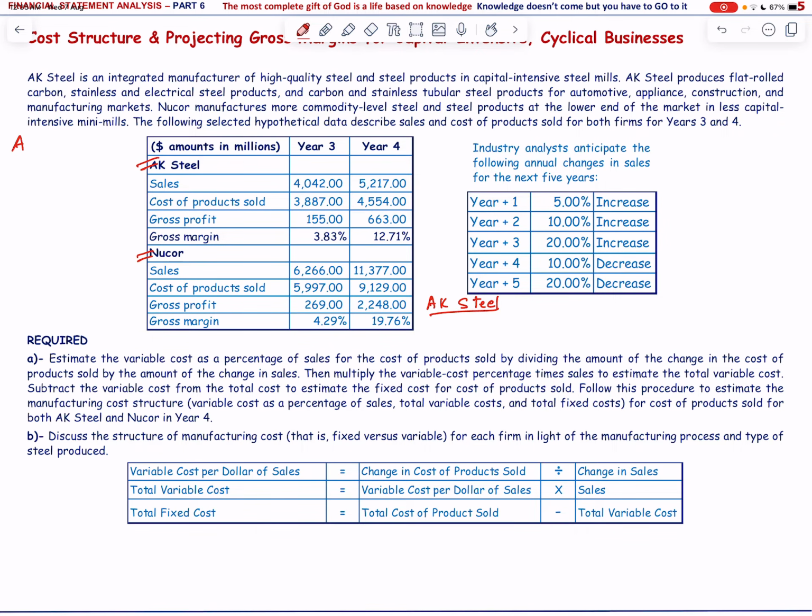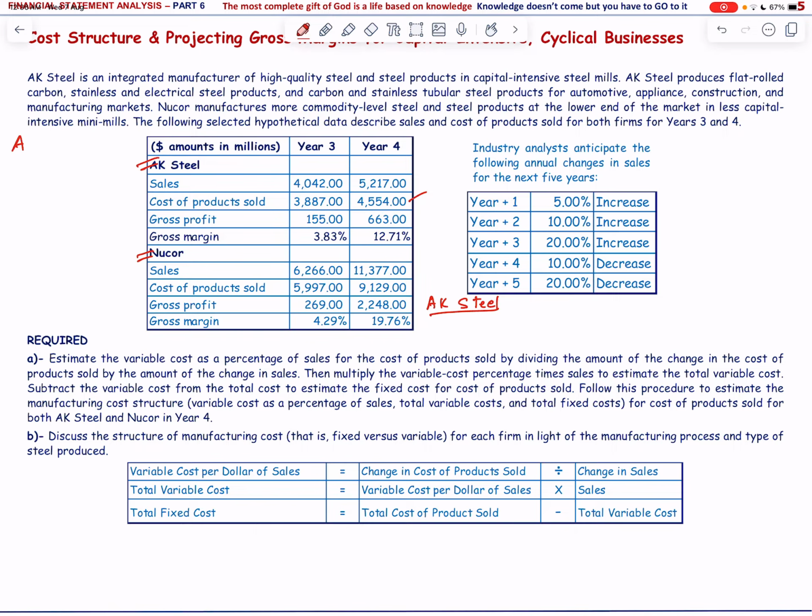For AK Steel, the first thing we need to do is to calculate the variable cost per dollar of sales. For this we need the change in the cost of products sold. Now we have the cost of products sold for year number 4 as 4554.